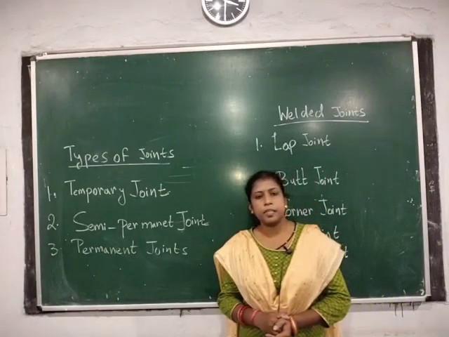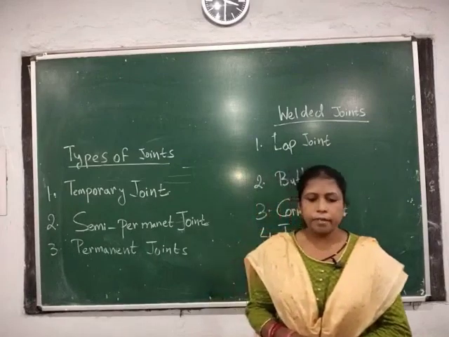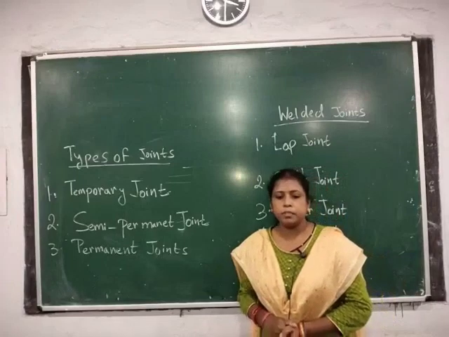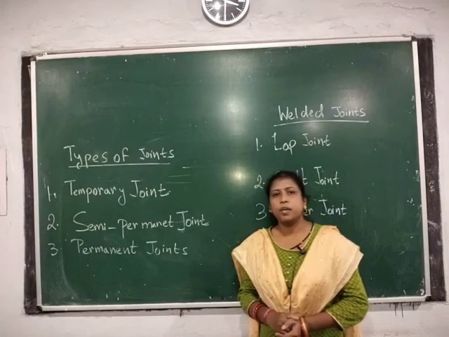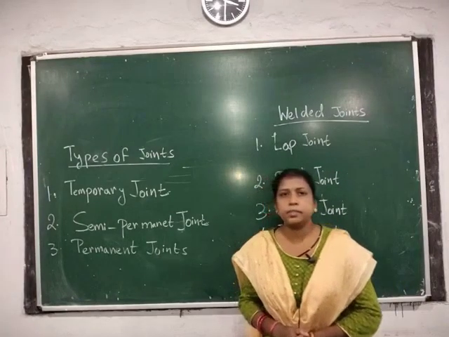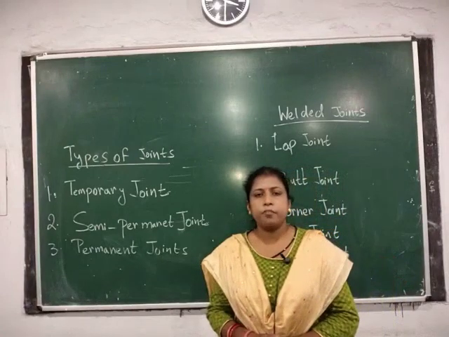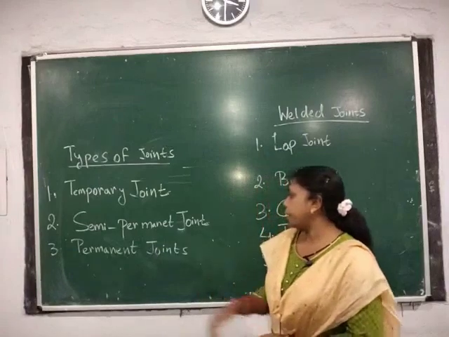So in this case the joint is totally destroyed when we are disassembling the joint. So the example of semi-permanent joint is rivet joint. When we are disassembling a rivet joint, it is totally destroyed and once again we have to make that joint.